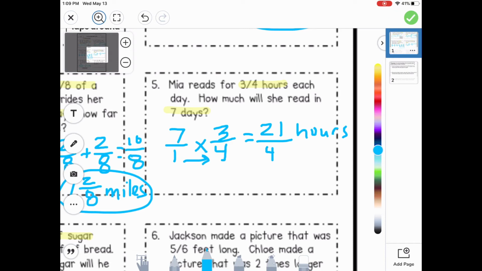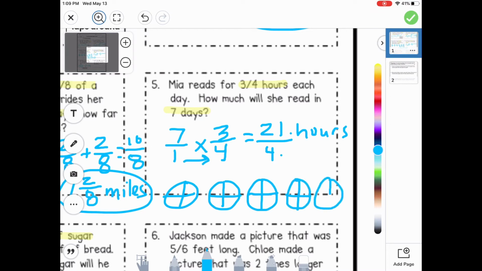So for this one, I'm going to draw a picture to figure out how many hours she's actually read in all. So to figure that out, I'm going to draw wholes that are broken into 4 equal parts, and I need to have a total of 21 parts. So there's 4, 8, 12, 16, 20, and 21.